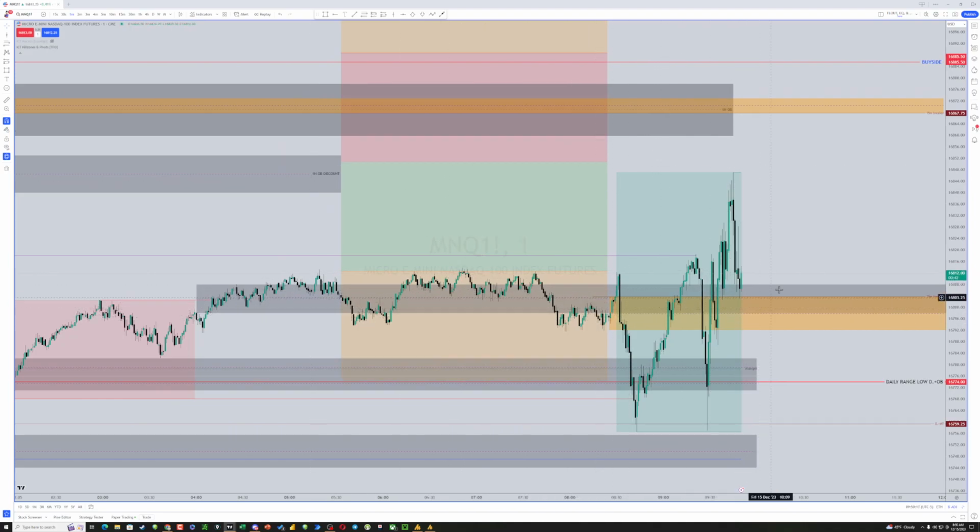All right. Well, what we can do, let's just use that. If we close above it, pull back to it, I can use that as an order block, but smaller size.